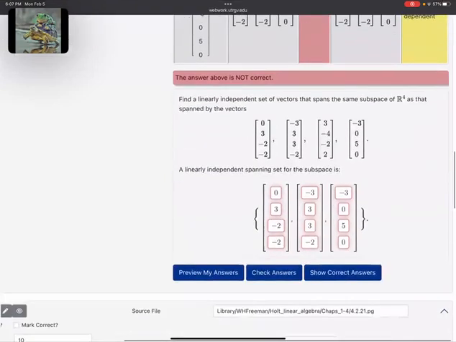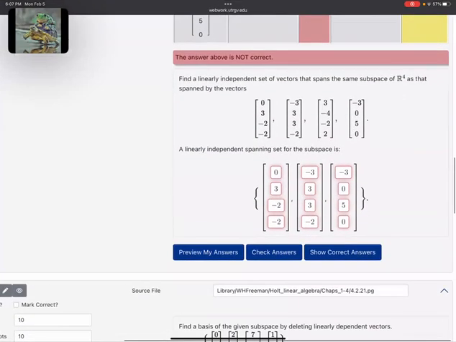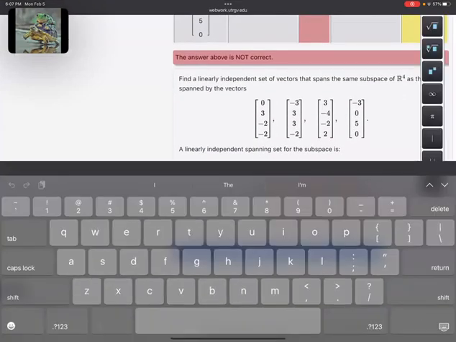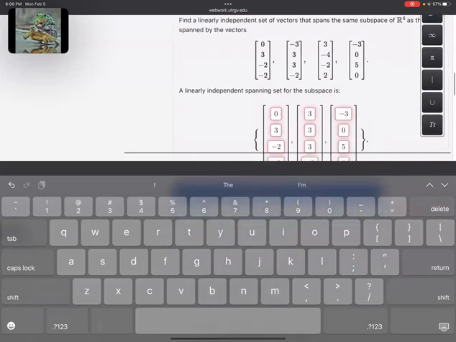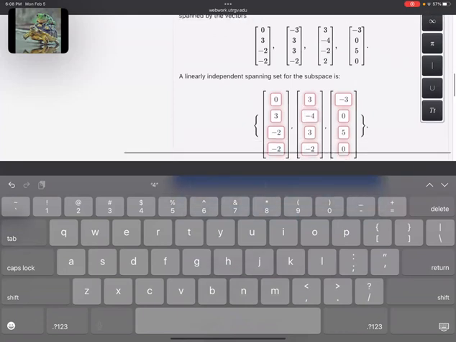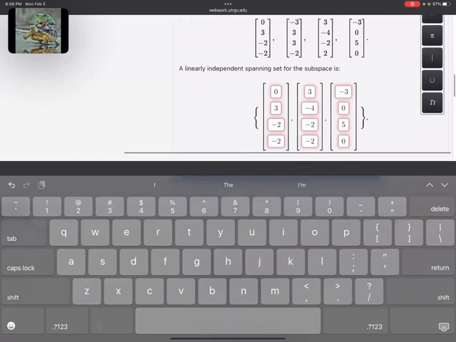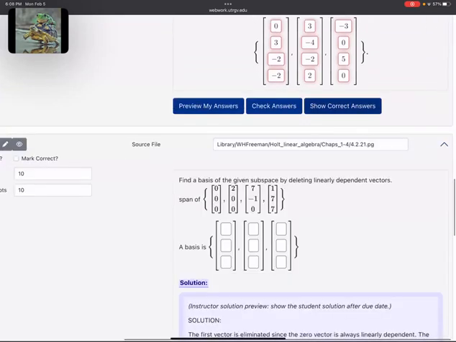Maybe we have to choose the other one. So let's try the other one. 3, 3, minus 4, and minus 2, and then 2. It has to be right, because otherwise there is no answer.